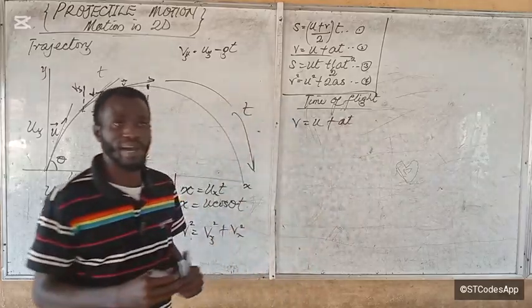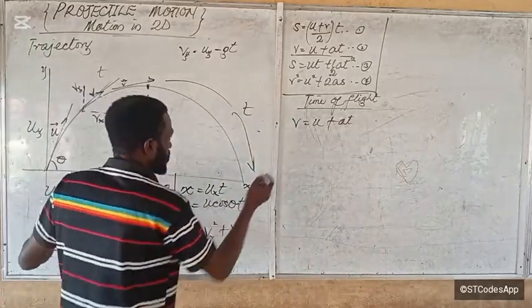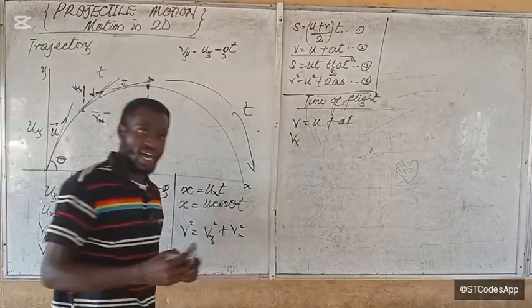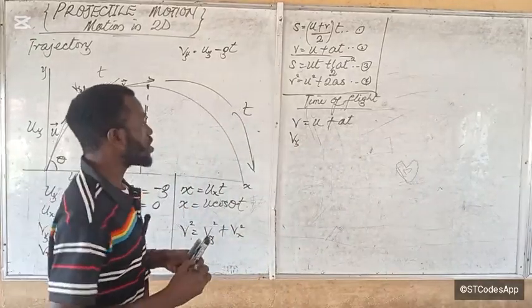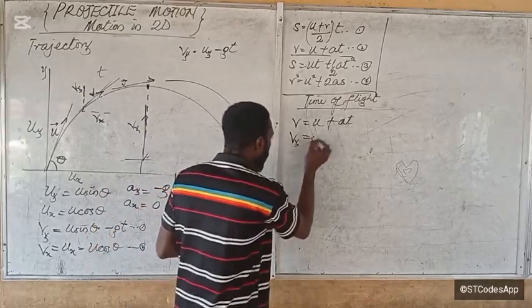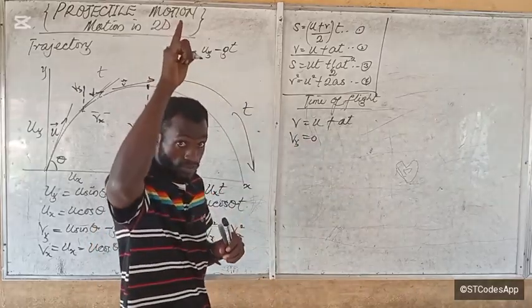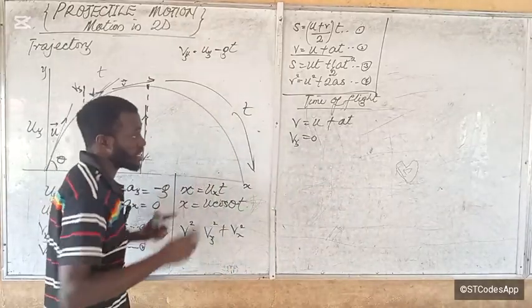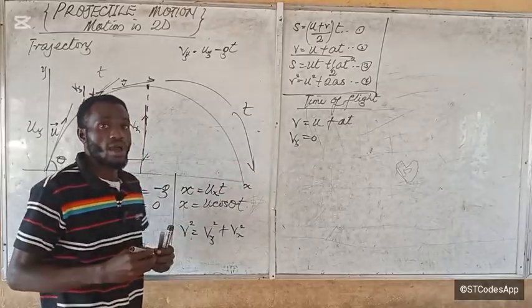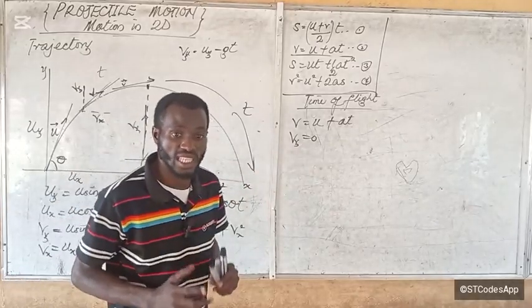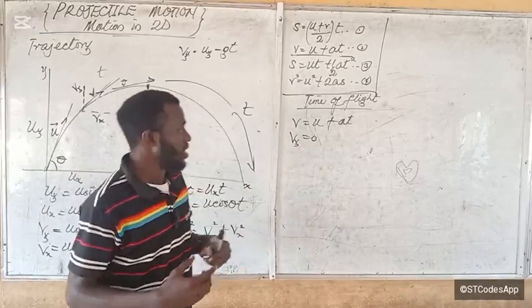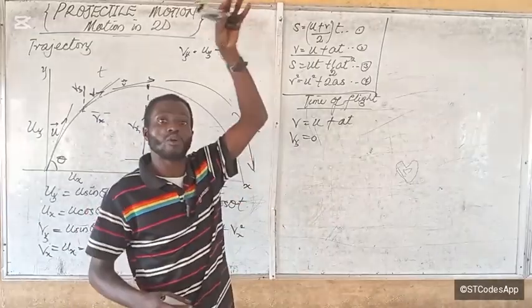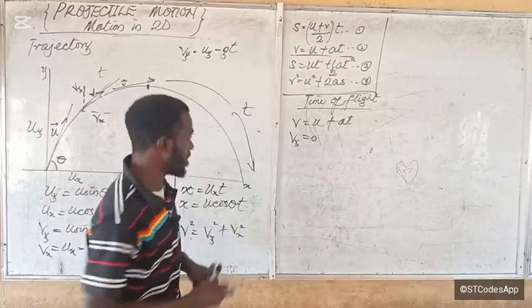But you know that at maximum height we are going to have v sub y equal to 0. Just listen, I want to first analyze the time taken to get to the maximum height. The final velocity v sub y at that maximum height is going to be 0. Why? Because at that point, it's going to stop momentarily before it begins to fall, right? We already said that.